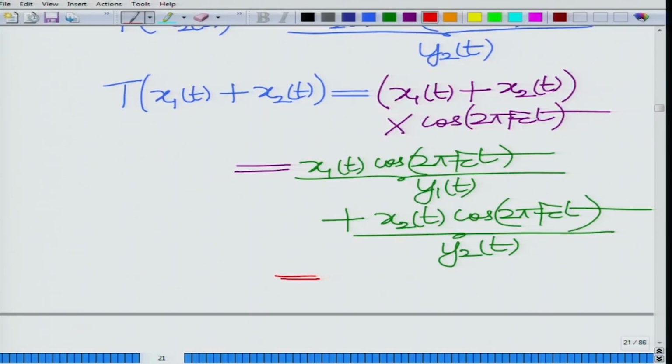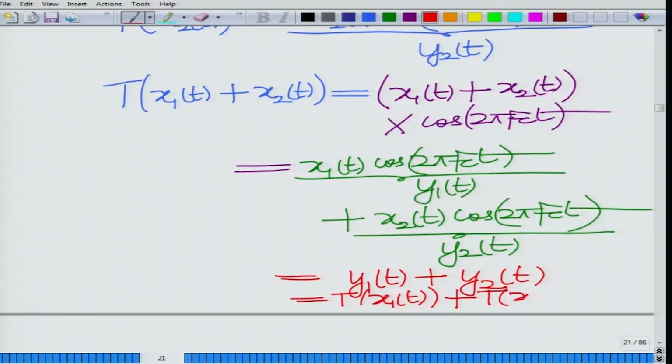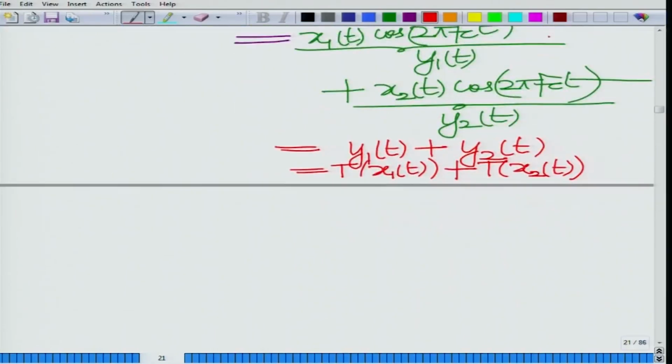So this is T of x1(t) plus x2(t) equals y1(t) plus y2(t), that is basically T of x1(t) plus T of x2(t). Therefore it satisfies the additivity property.